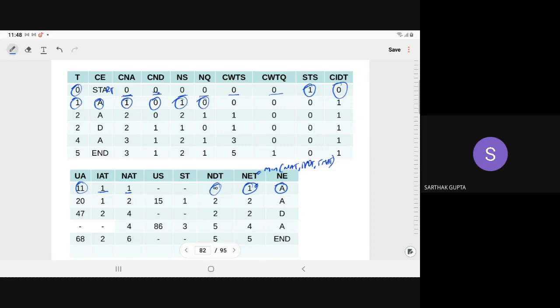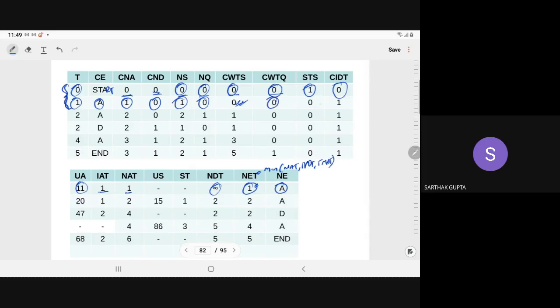Now CWTS means old CWTS plus old NS into difference of time, so it will remain 0. Similarly, CWTQ means old CWTQ plus old NQ into difference of time, 1 minus 0, so it also will remain 0.